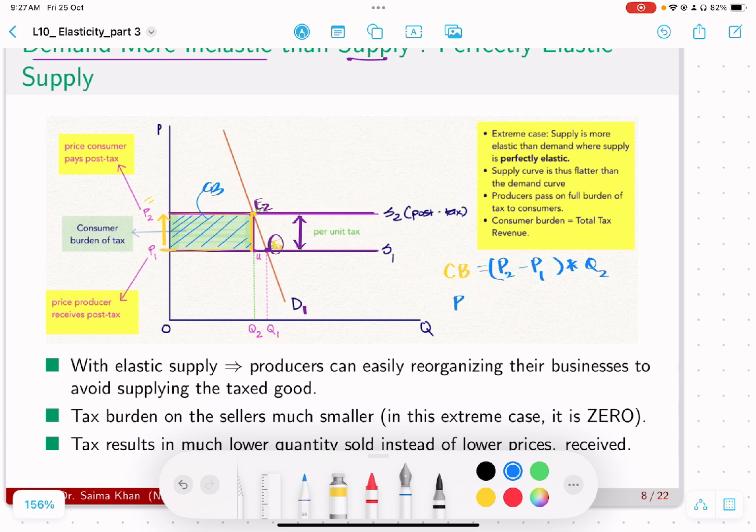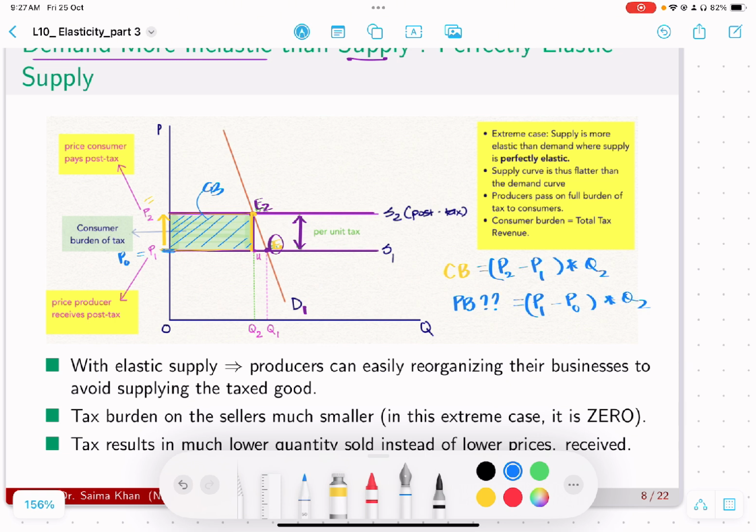What's the producer burden of tax here? Producer burden, remember, is basically the old price minus the new take-home price. Well, guess what? In this case, P1 is the same as P0. So usually producer burden is P1 minus P0 times Q2.